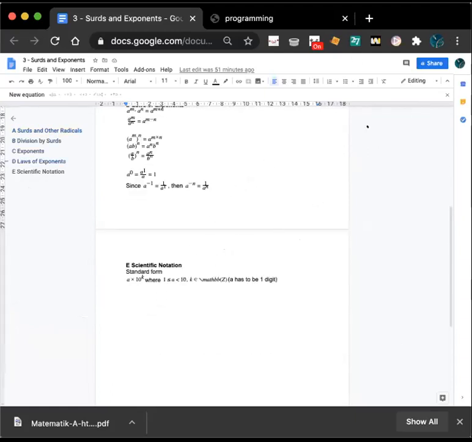And then finally, we have... Oh, I haven't explained about the standard form and the a to the power of -1.